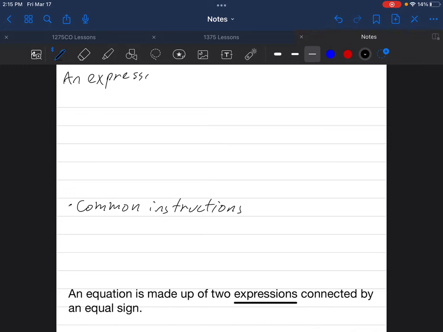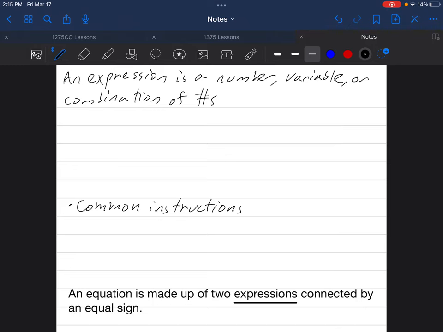An expression is a number, variable, or combination of numbers and variables and operation symbols.